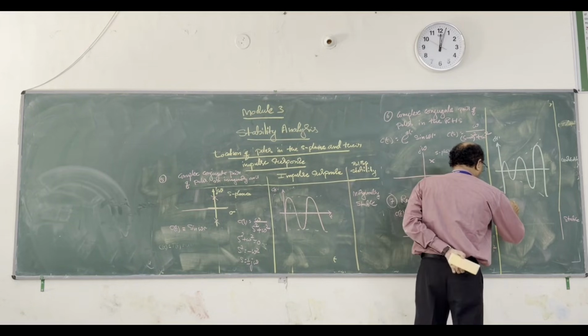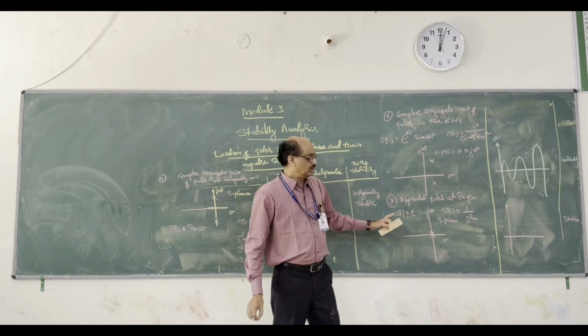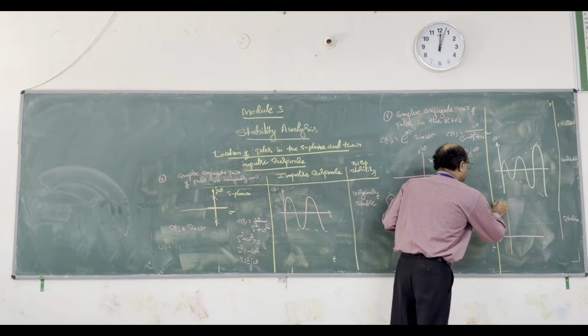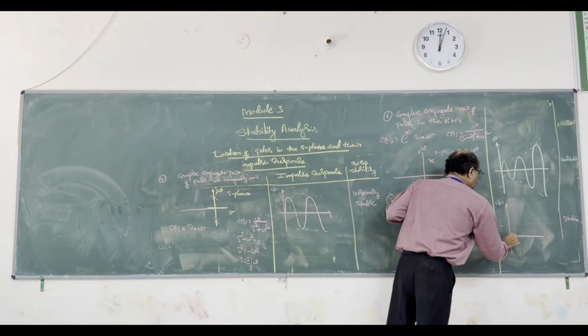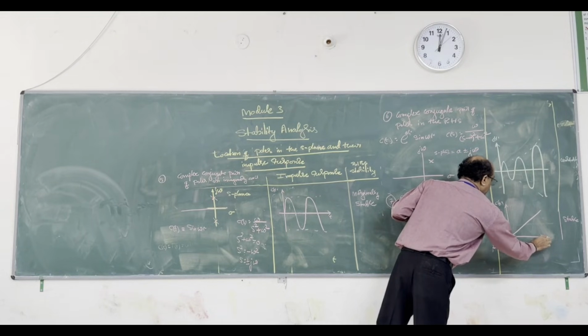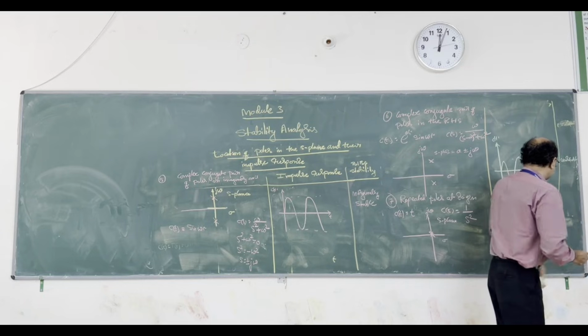When you have two poles at origin, the response is simply linearly increasing as time tends to infinity, to t. So the system is unstable.